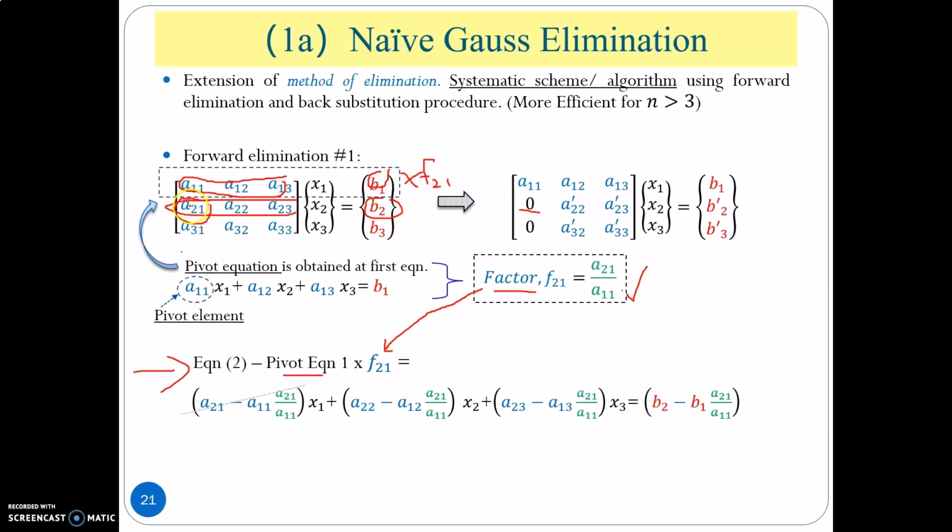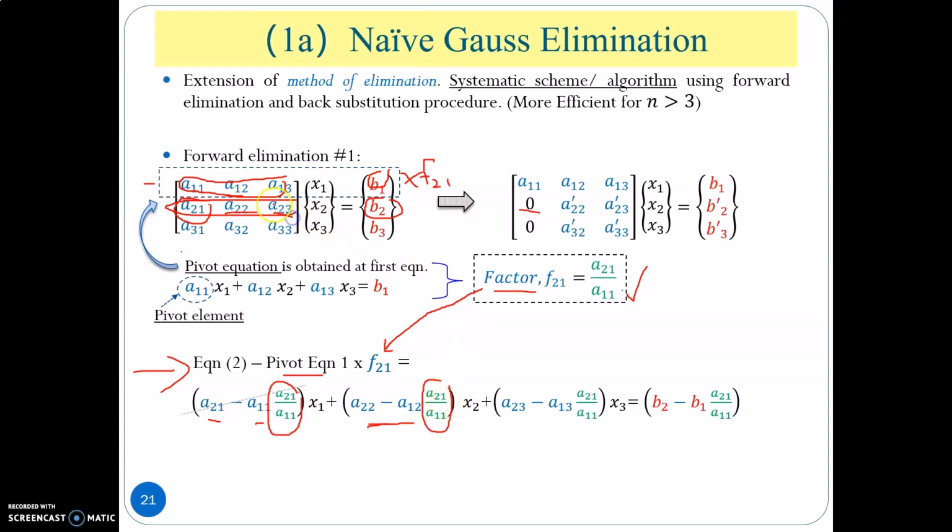So if you take the second row minus the first row, you obtain A21 minus A11, which is these two terms, and then you multiply with F21. You continue, take A22 minus A12, so you obtain this term, and don't forget to multiply with F21.